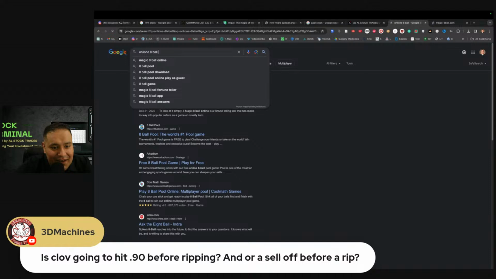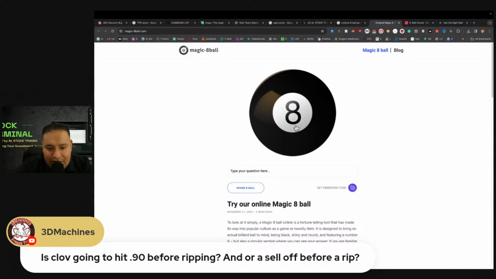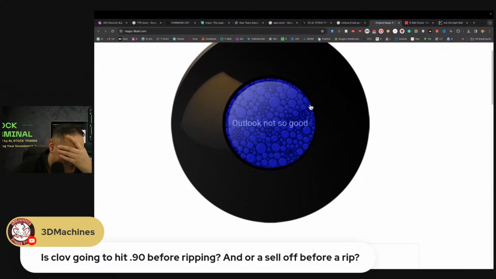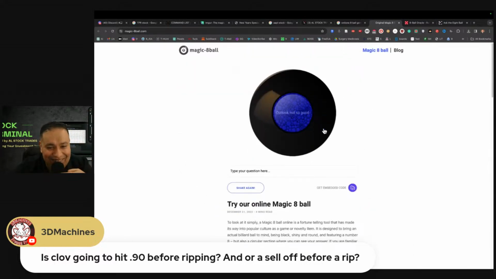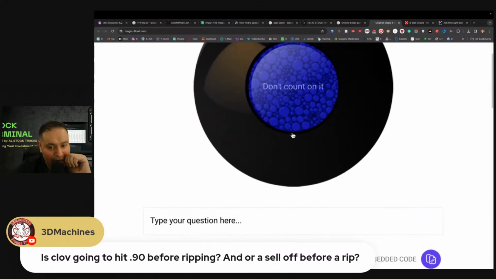Yeah, 8-ball generator. Let's see if we can shake a ball here. Shake ball. Let's see. Outlook not so good. Oh no. Is Clove going to hit 90 cents before ripping? Don't count on it.